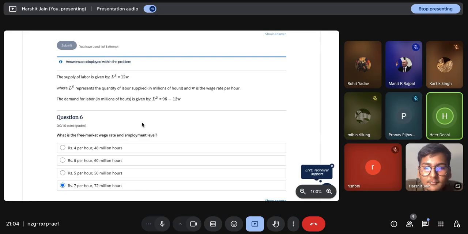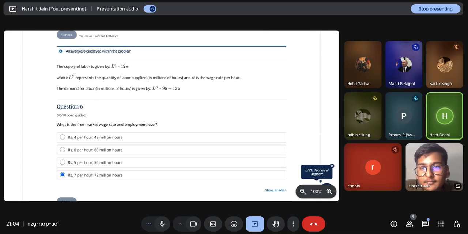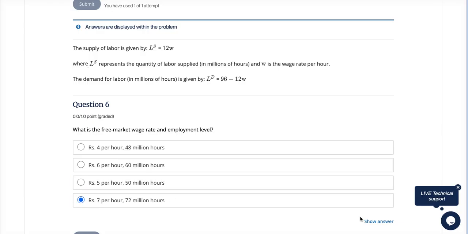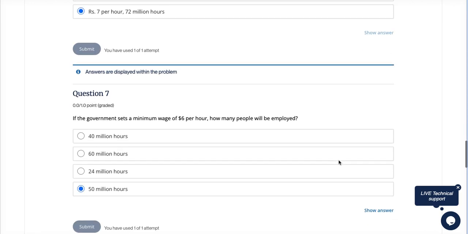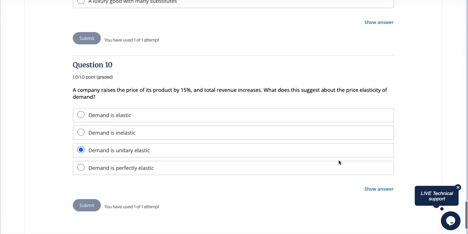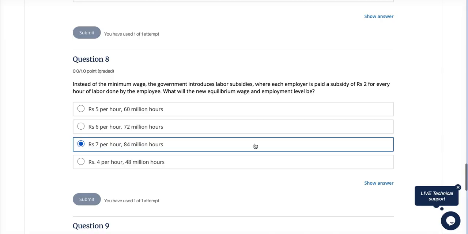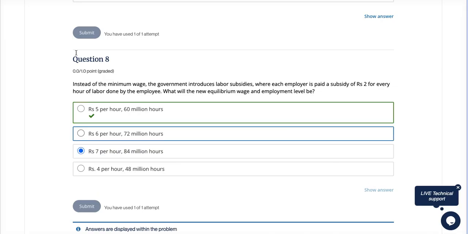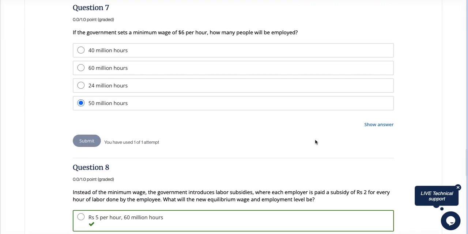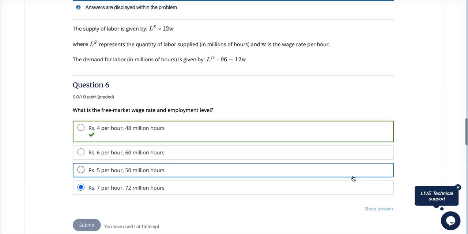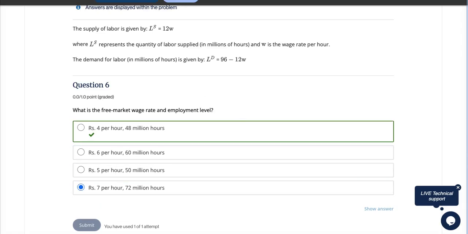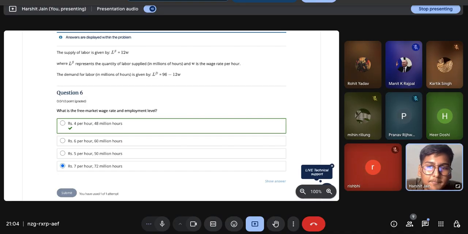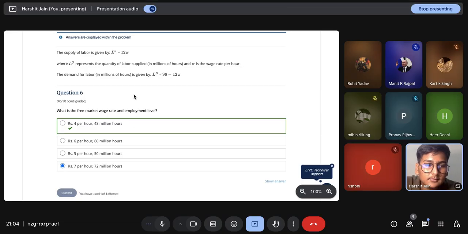The answer is going to be the first option, rupees 4 per hour. It is correct. Can you explain to us?